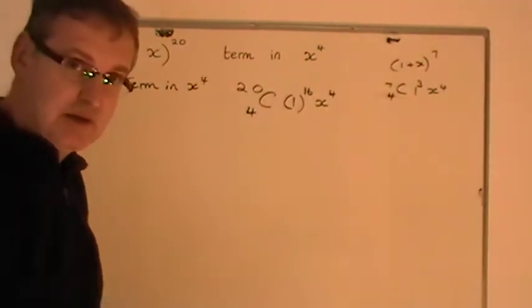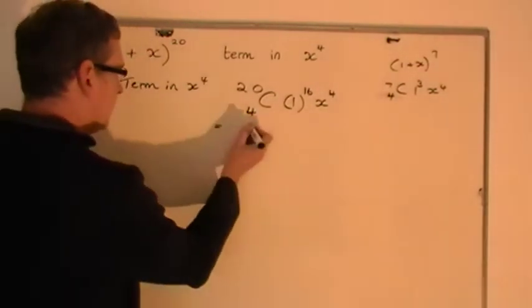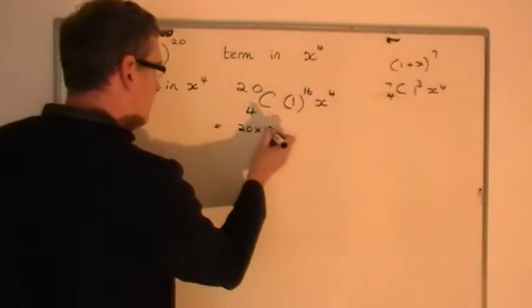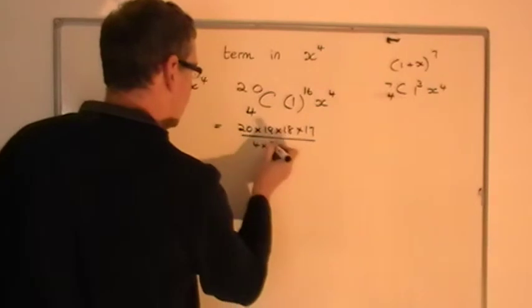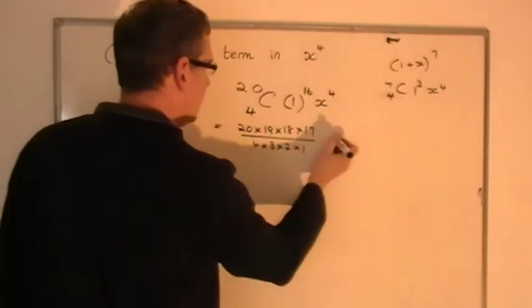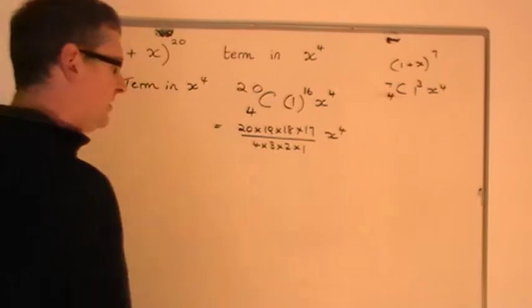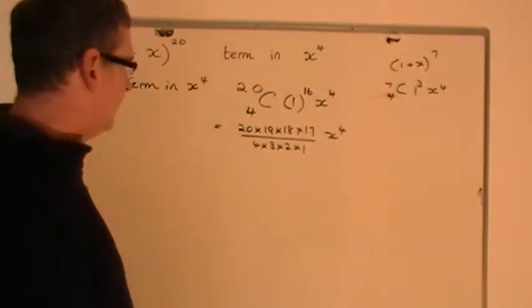And of course, if they expect you to simplify it, then you'd have to go 20 by 19 by 18 by 17 all over 4 by 3 by 2 by 1 x to the 4, because 1 to the 16 is 1. And you just simplify that.